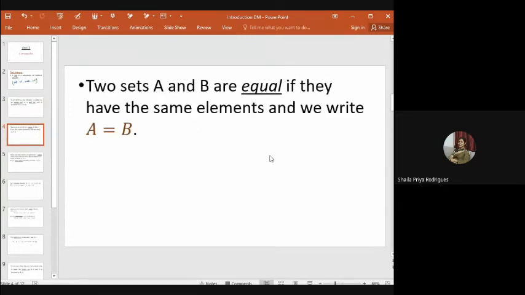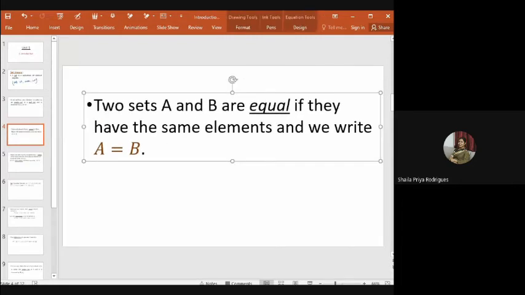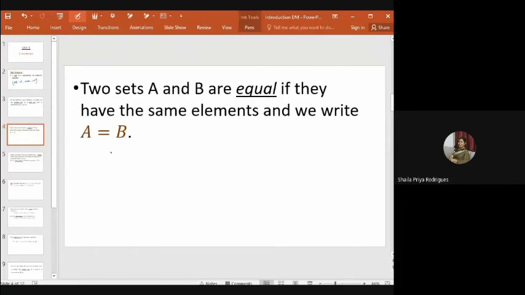Two sets A and B are equal if they have the same elements, and we write A equals B. Equal sets, have you come across these? Okay. For example, the set having 1, 3, 5, 7, and 9.